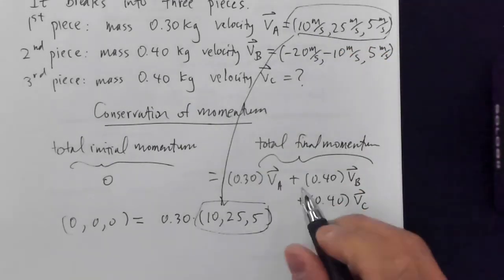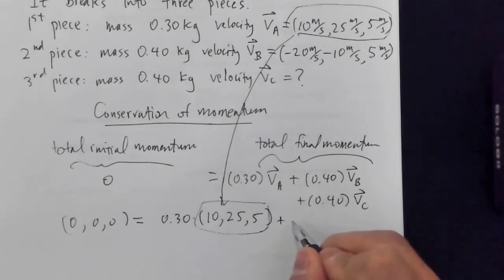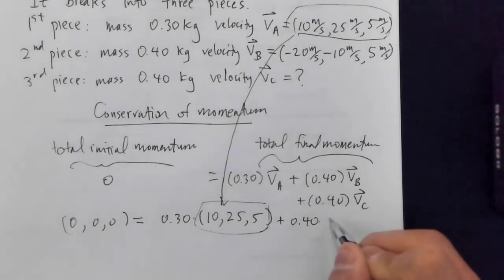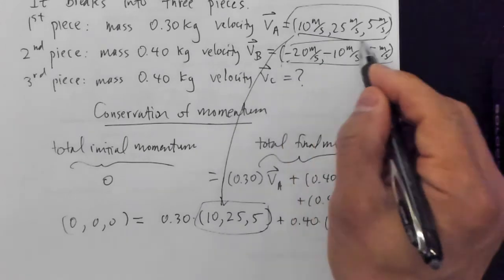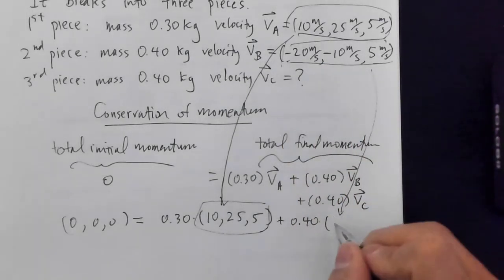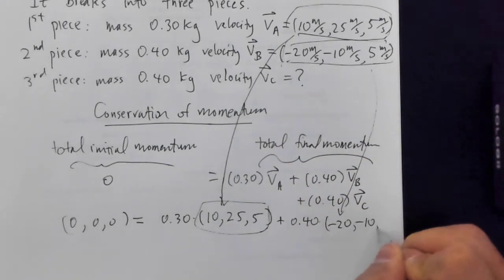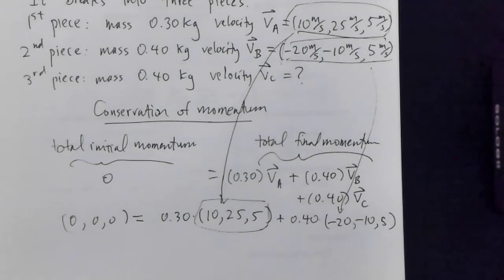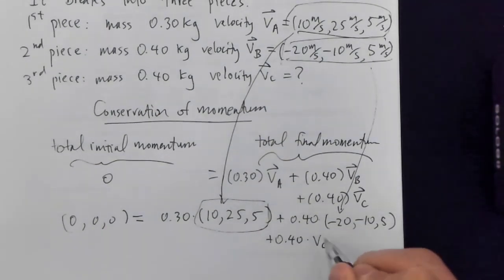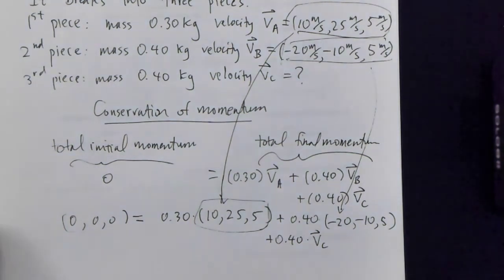That's VA. And then we have 0.40 times VB, negative 20, negative 10, and 5. And then we'll have 0.40 times VC. Any questions about this?